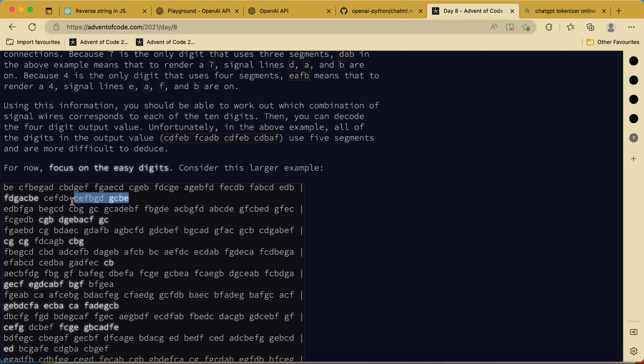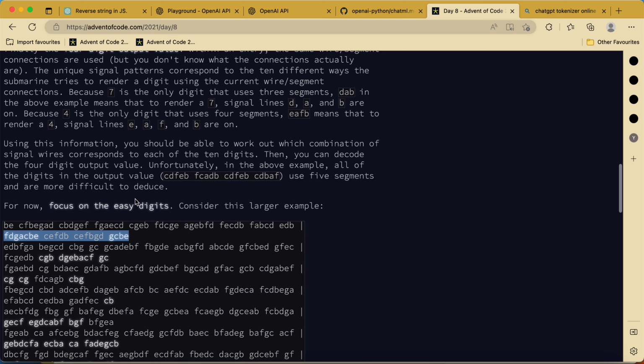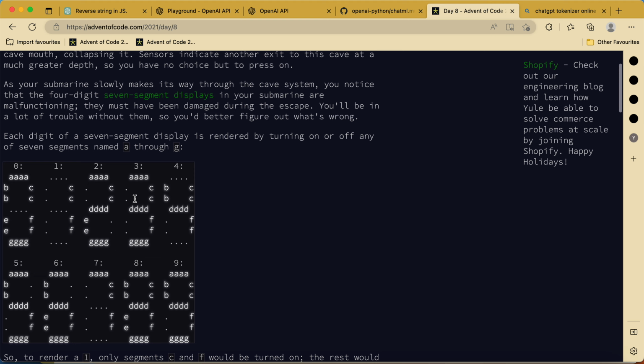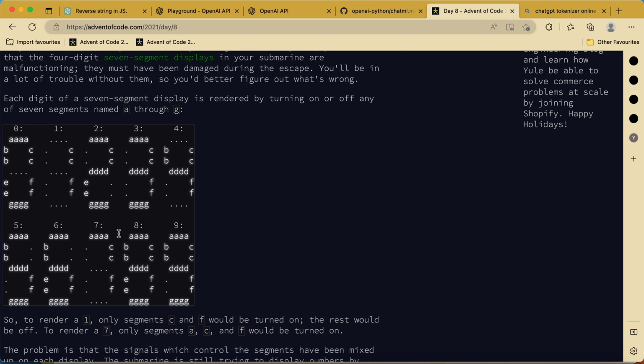are these numbers here simply the correct numbers? I mean, I can see this GB, GCB, GC.